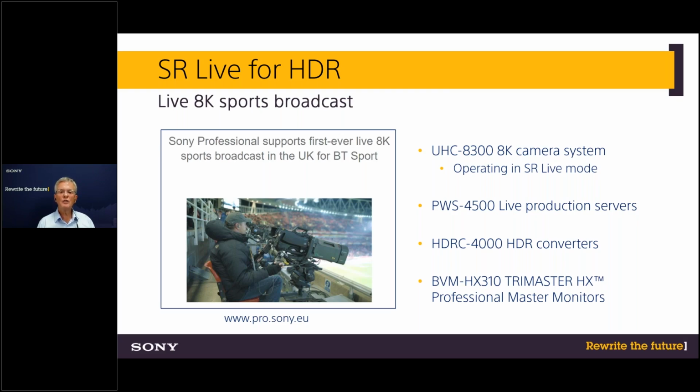PWS-4500 live production servers, the HDR C4000 converters, and BVM-HX310 TriMaster HX master monitors were also used. And if you're interested in more details, check out the pro.sony.eu website, where you can see more details in a press release about this exercise.